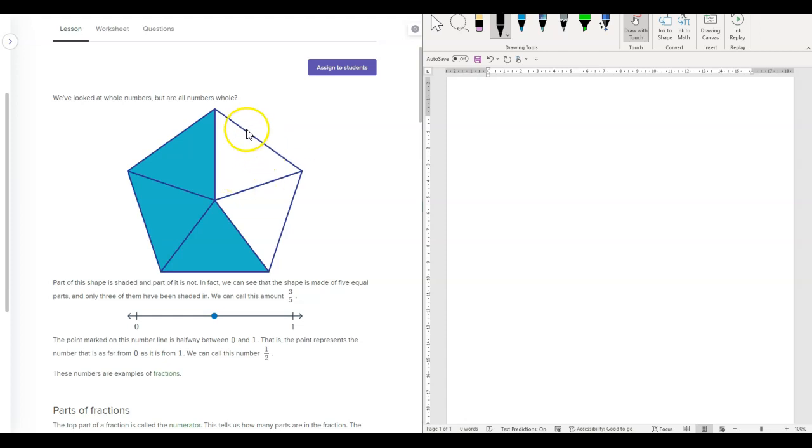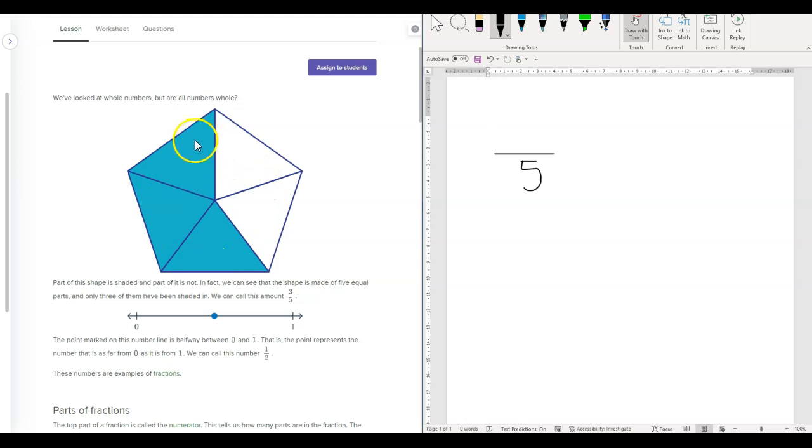In the case of this shape here, we can see it's divided into 1, 2, 3, 4, 5 pieces. So our fraction would be something over 5. And in a minute, we're going to look at what this 5 is called. But for now, the number at the bottom represents how many pieces make up the whole.